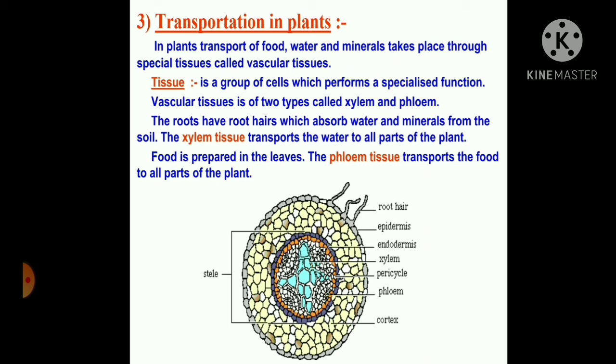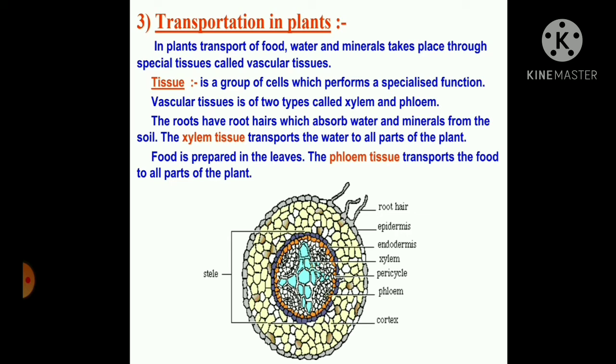Now let's learn transportation in plants. In plants, transport of food, water, and minerals takes place through special tissues called the vascular tubes. So, tissue is a group of cells which perform a specified function. Vascular tubes are of two types called the xylem and the phloem.